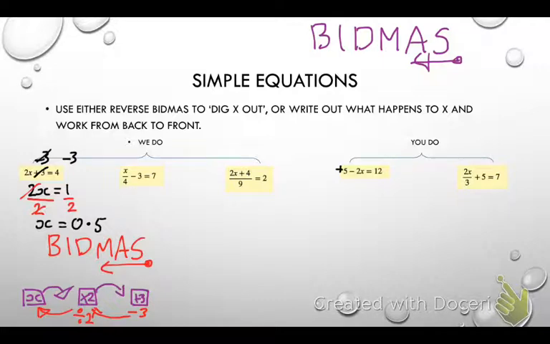So reverse BIDMAS again. We're dealing with addition subtraction. So we're going to deal with that first. So the opposite of adding 5 is of course taking 5. And to get rid of that, so 5 take 5 is 0. I'm going to do the same to my right hand side. So 12 take 5 is 7.